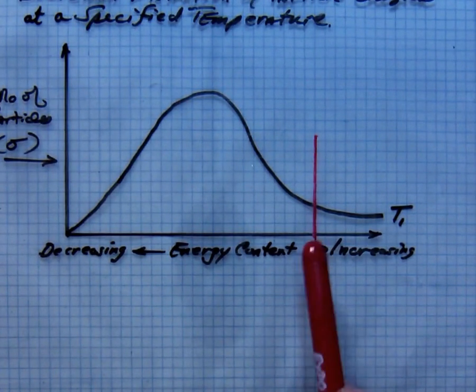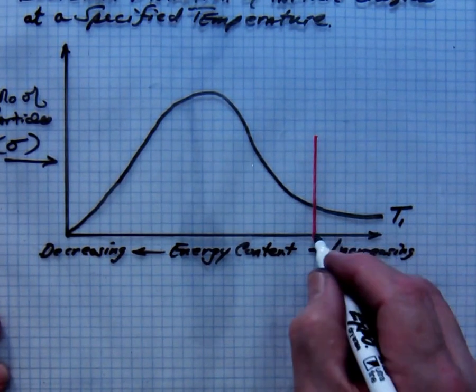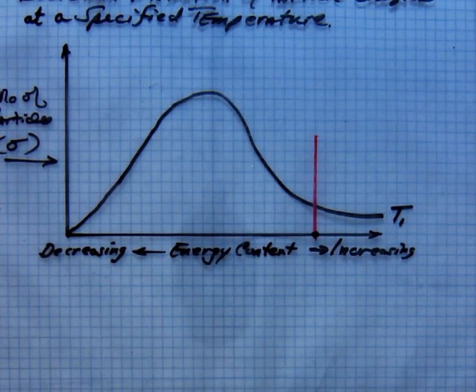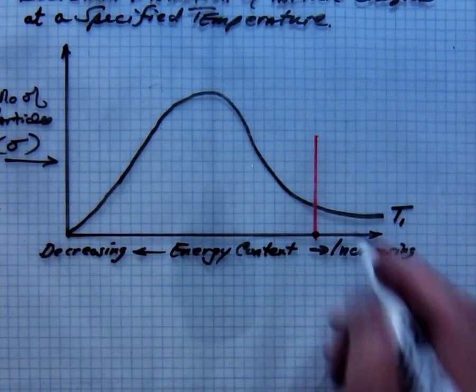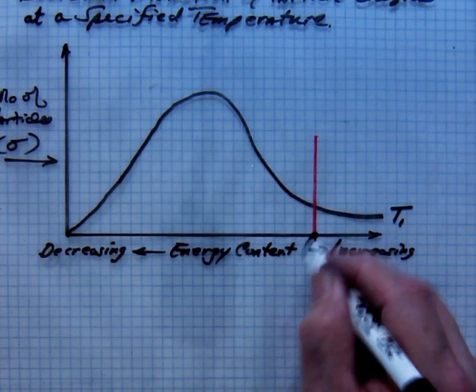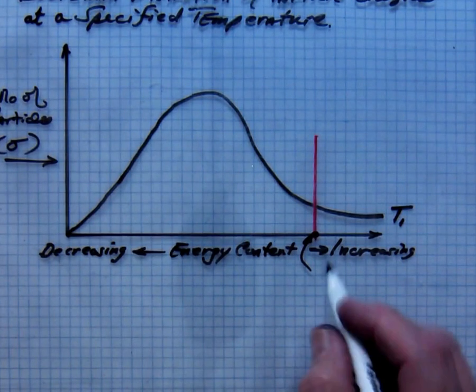At a specified point represented by this red line, this point is referred to as the activation energy needed to initiate the chemical reaction. This is the point where all four reaction factors need to come together in order to initiate the chemical reaction.